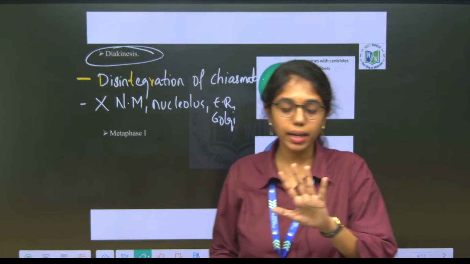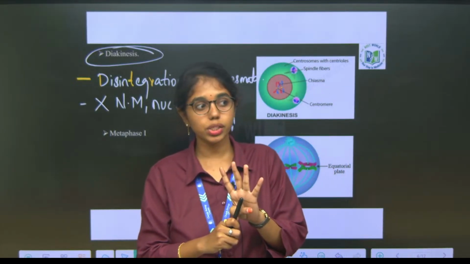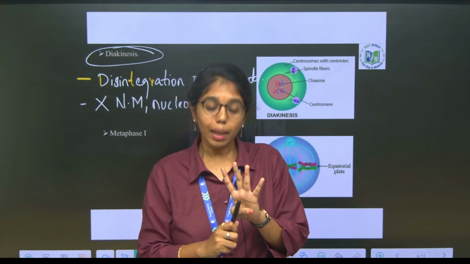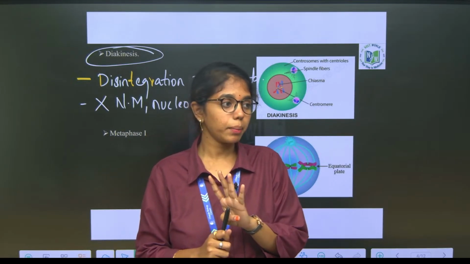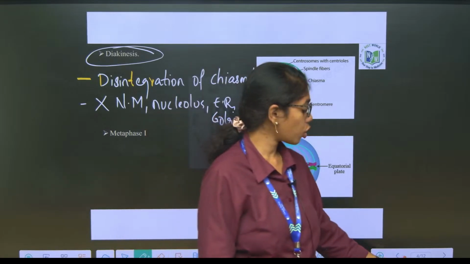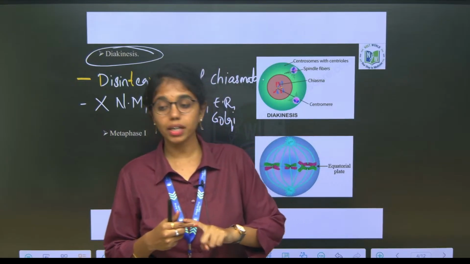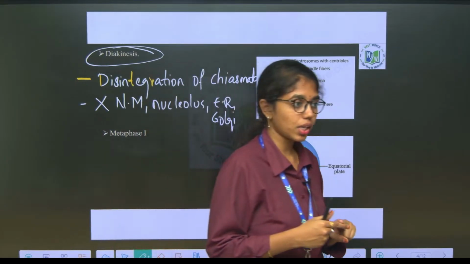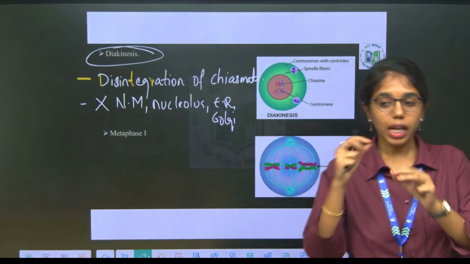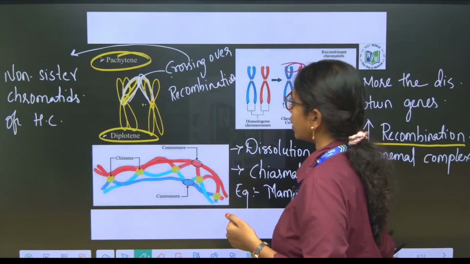Once, we will quickly revise all the 5 substages of prophase 1. In the very first stage, leptotene, what is happening? Formation of chromatin will get untangled to chromatids, formation of chromatids, spireme stage or bouquet stage, and then centromeres will start moving to the opposite poles. That is the first event that you have seen.